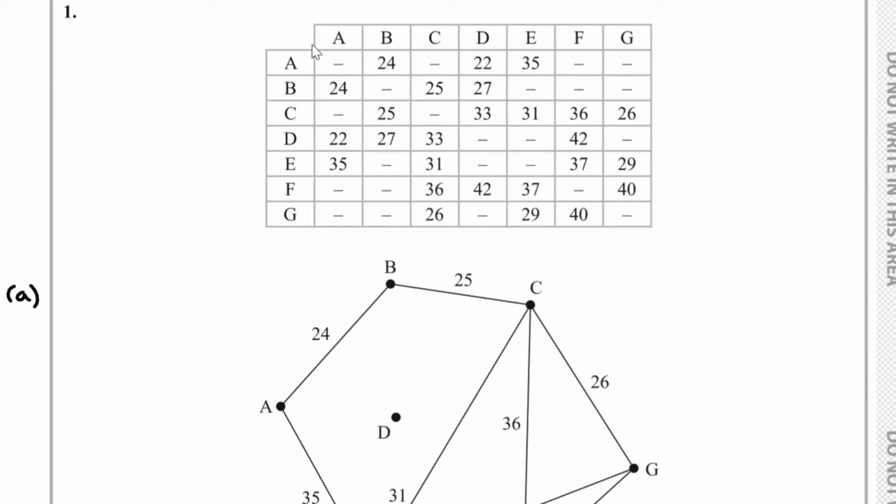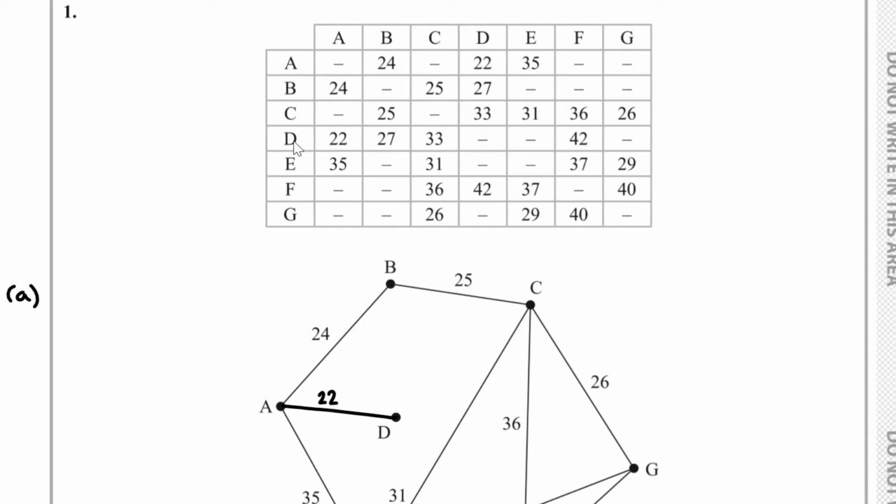we begin over here by looking at the row D and connecting this to A. You can see that has a length of 22 kilometers. So here we connect these 2 points and we add on the length 22.